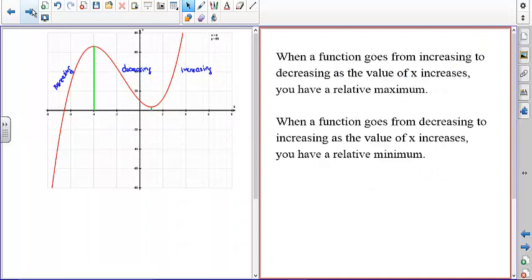So here's the formal definition of the first derivative test. We just used it, but when a function goes from increasing to decreasing as the value of x increases, you have a relative maximum. When a function goes from decreasing to increasing as the value of x increases, you have a relative minimum.